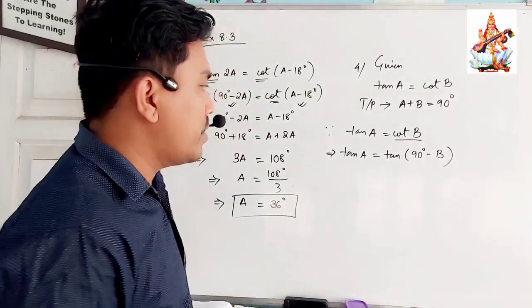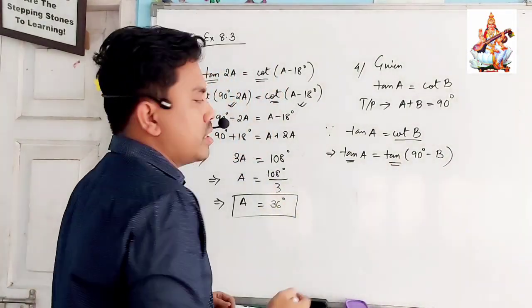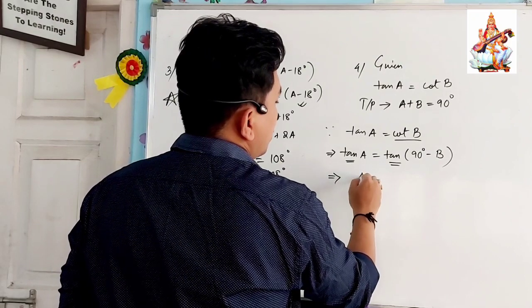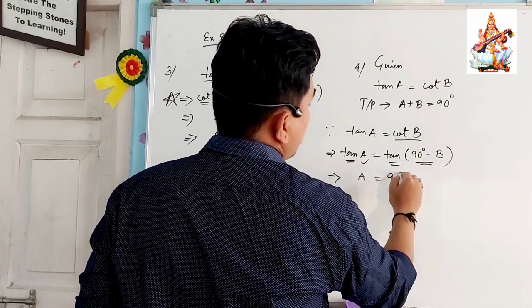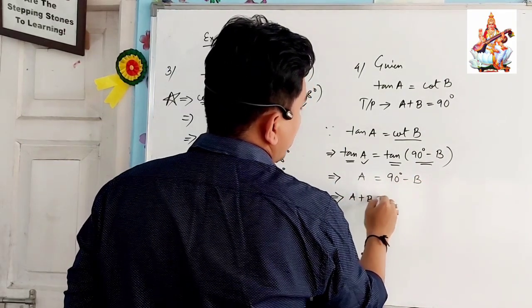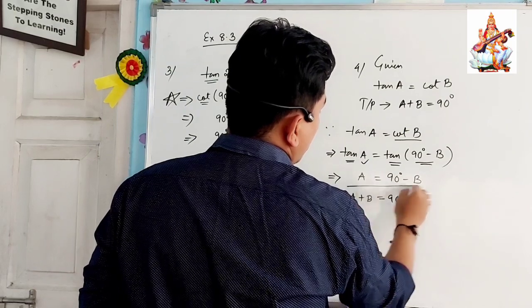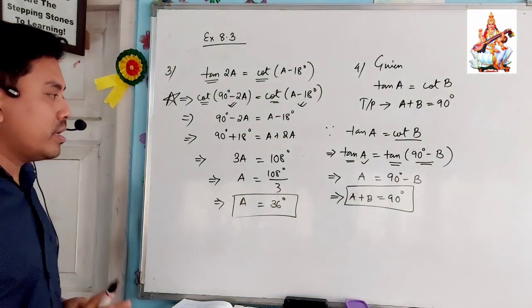Cot B. Now can we see here on both sides the trigonometrical ratios are the same, tan on both sides. So now we can equate the angles. Angle A and here 90 minus B can be written. Now you transpose B, on the other side A plus B will be equal to what? 90 degree. So we have proved it. Is it clear? It is very, very simple.